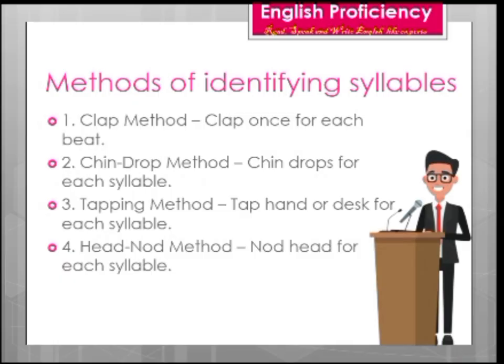So anytime your chin goes down, you count one syllable. I'll pronounce Cameroon. My chin will go down 3 times. So I will count that as 3 syllables if I'm using the chin drop method.